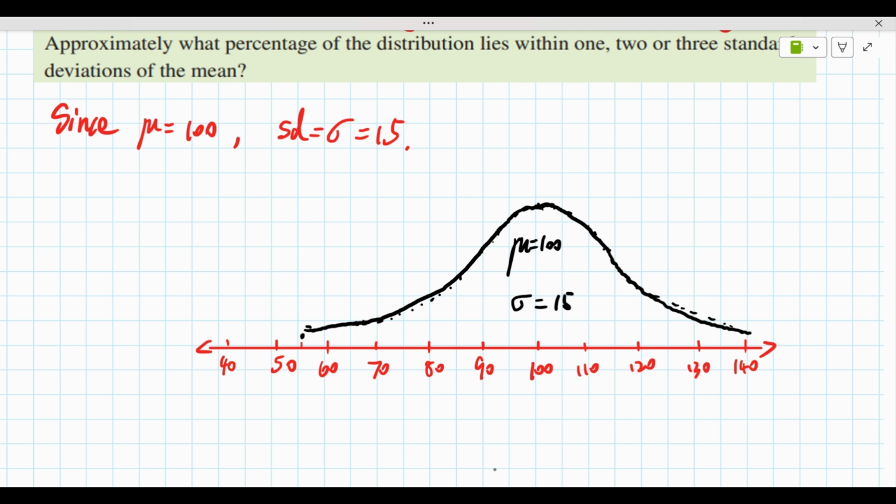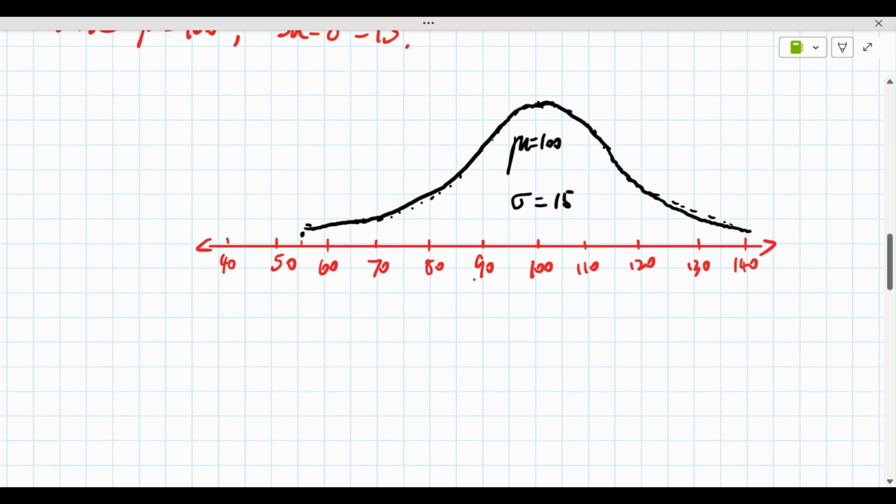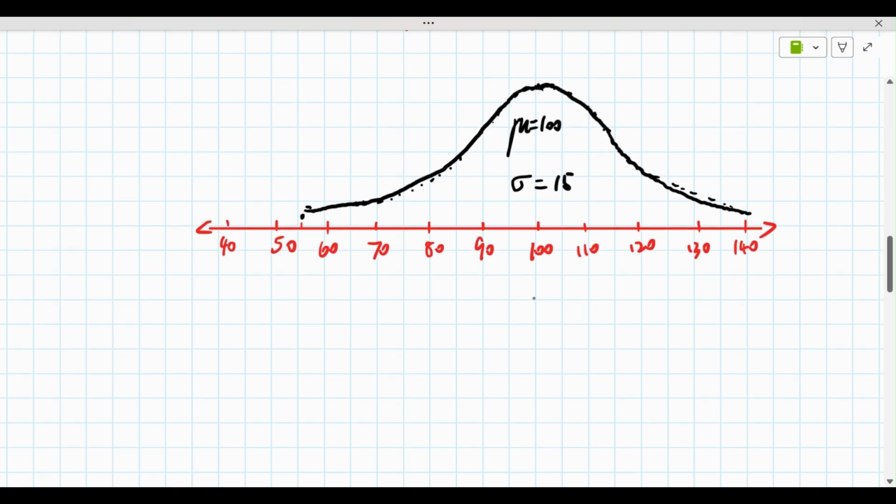So if 100 is 0, and 110 is 1, 2, 3, and 4, and -1, -2, -3, and -4.